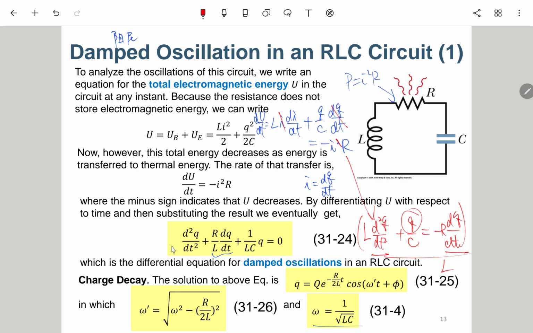So this is also a second order constant coefficient ODE. But when we consider this resistor here, we have this additional term. This additional term refers to the energy loss. If you just cover this energy loss, it is actually the second order ODE for the LC oscillator.